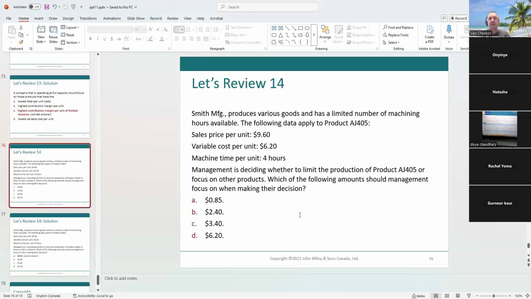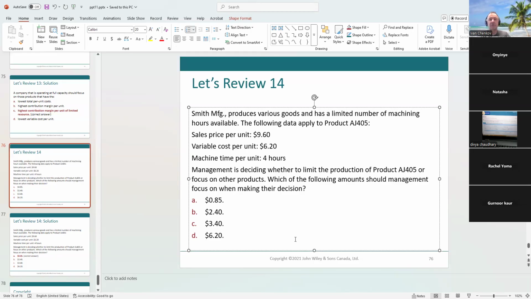So let's go with this one. Should I base my decision purely on the contribution margin?